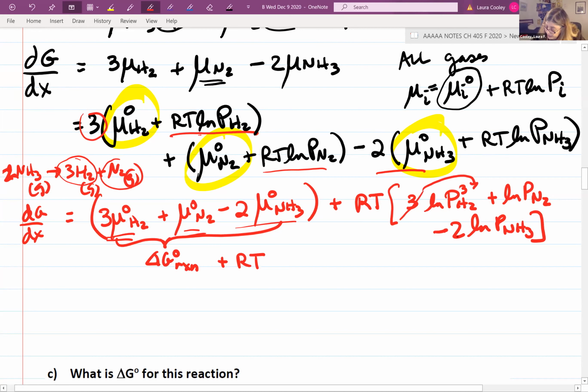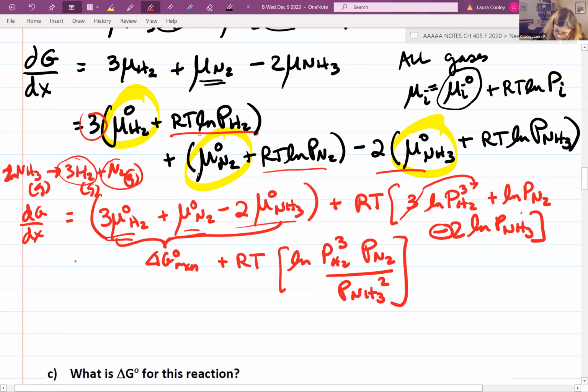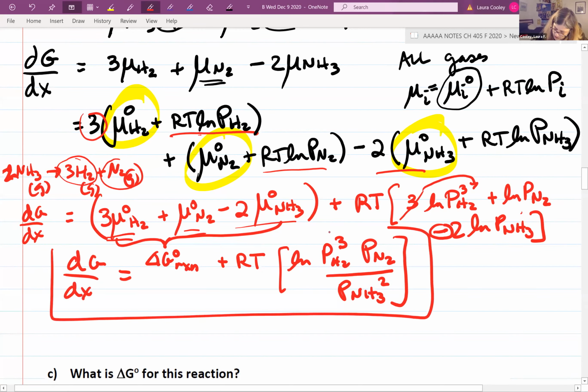And the 2 will now be a squared. So this will be RT, the log of PH2 cubed times PN2 over, because it's negative, PNH3 squared. That's our direction predictor equation for this particular situation.